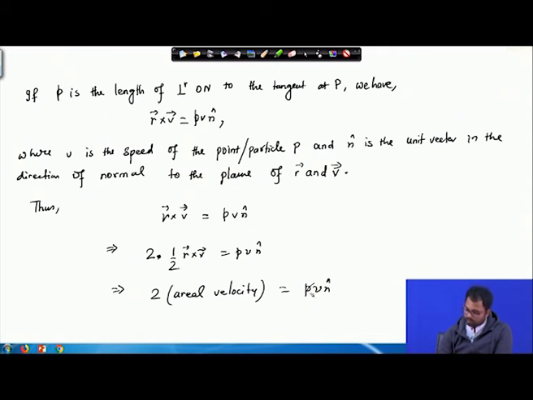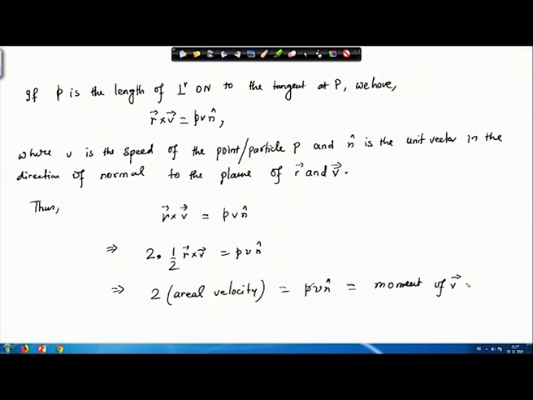So, this v is speed actually, and this shows that this is nothing but the moment of v about O. So, this is actually our moment of v about O given by this formula, and that is actually twice the aerial velocity. So, this is one of the important formulas in this motion of a particle on a curve.